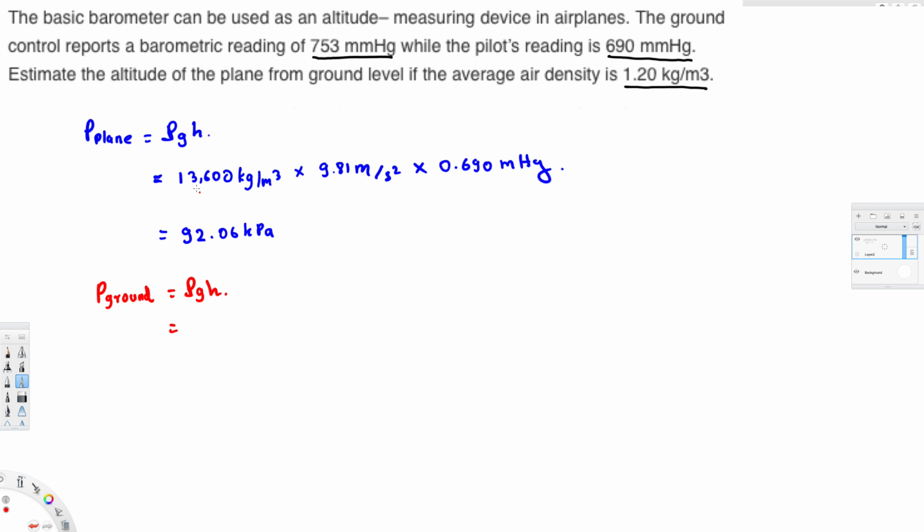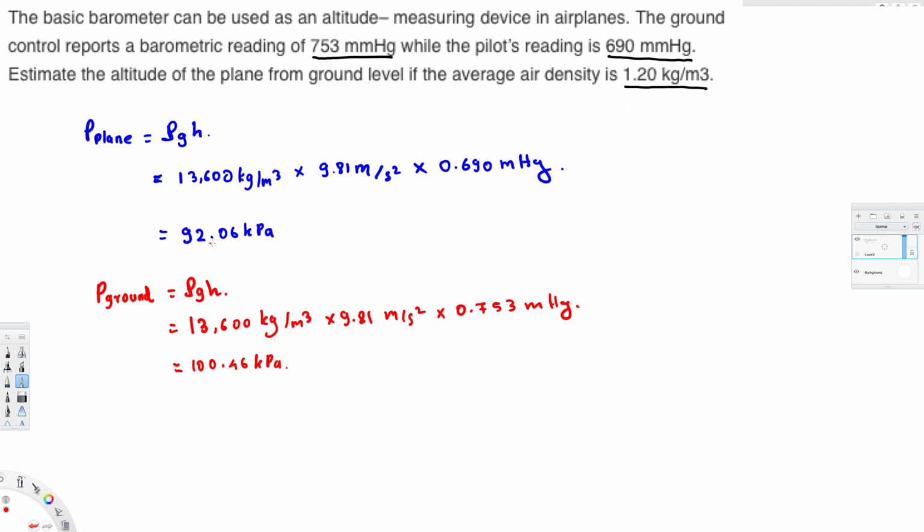So we have the density of the mercury, 13,600 kilogram per meter cube, multiplied by 9.81 meter per second square, times 0.753 meter mercury, right? If we calculate this, we get 100.46 kilopascal. So from the ground this is the atmospheric pressure reading, and from the plane the atmospheric pressure reading is this.